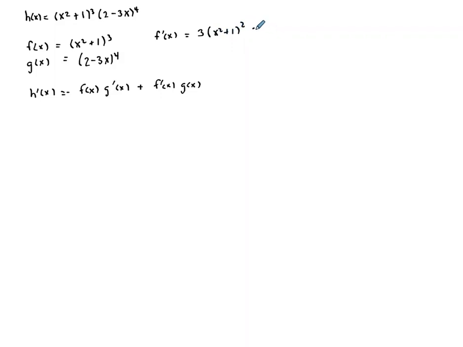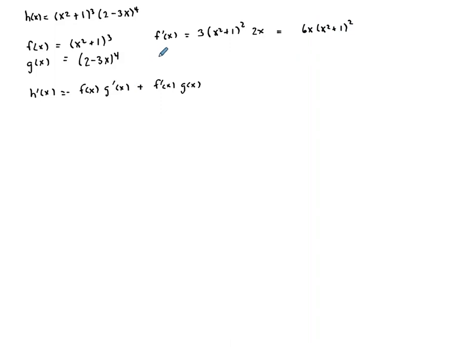So that's 2x plus the derivative of 1, which is just 0. And putting that all together, we get 6x times x squared plus 1 squared.